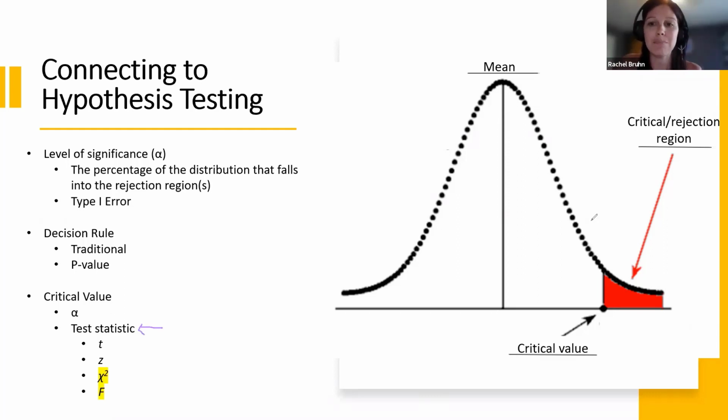So that might be something like, well, a t of 2.37 would give me the percentage in the tail that I want. So then you're using the traditional approach. You would compute your test statistic t and compare that to 2.37. If it's greater than 2.37, it's in the rejection region. You could reject the null. If it's less than 2.37, it's going to be closer to the mean and you would fail to reject.